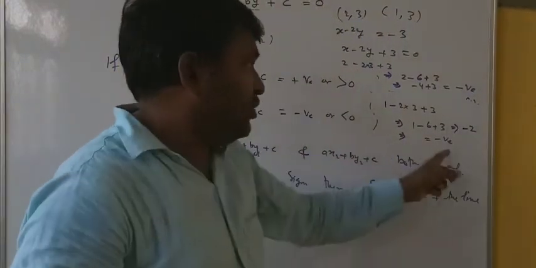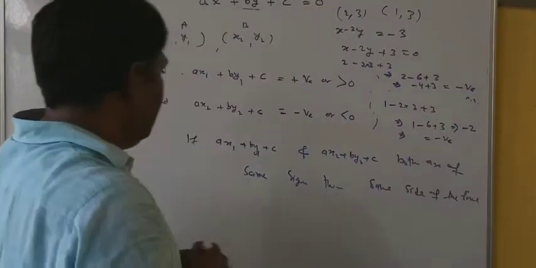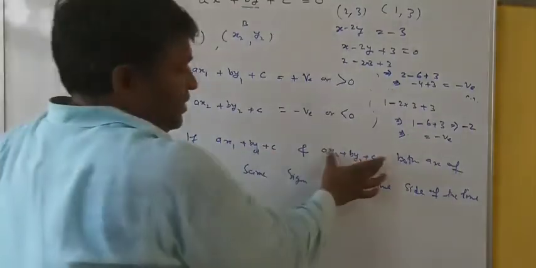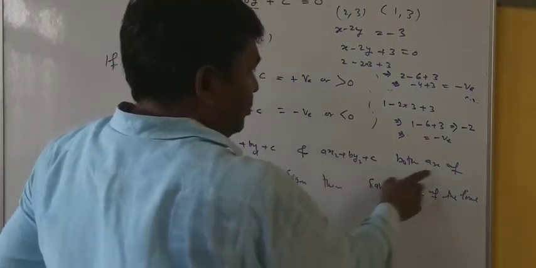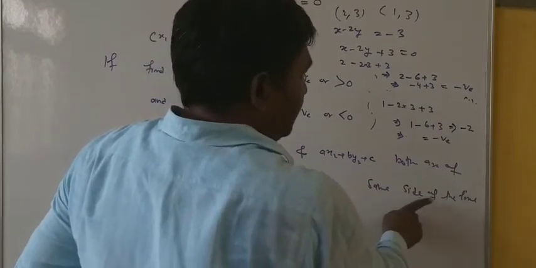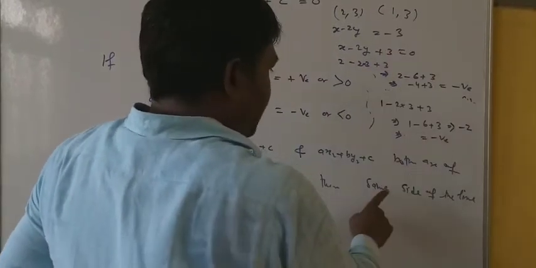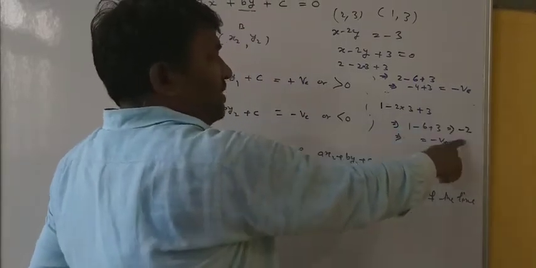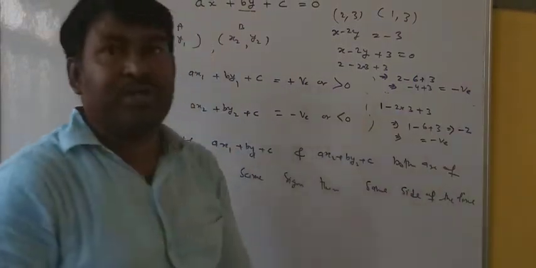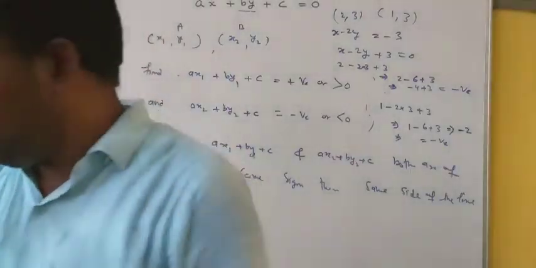Negative value again. So see from here, if the first point and the second point are both of the same sign, then both points will lie on the same side of the line. And here you are getting the same sign. That's why these 2 points will lie on the same side.